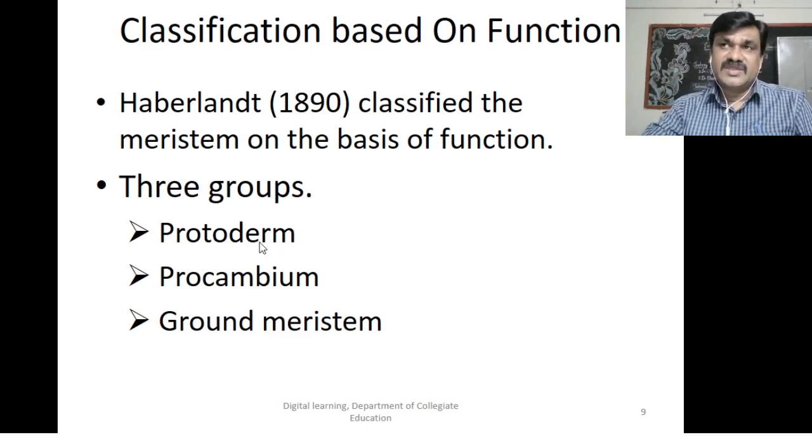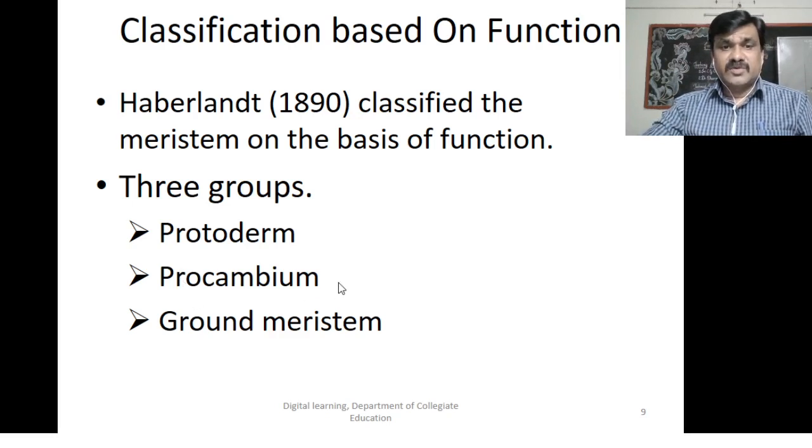So protoderm is the primary layer, the outermost layer of meristematic tissue, and in future this layer differentiates into epidermis or the epidermal tissue system. Okay. So protoderm is the outermost layer which later differentiates into the epidermal tissue system.